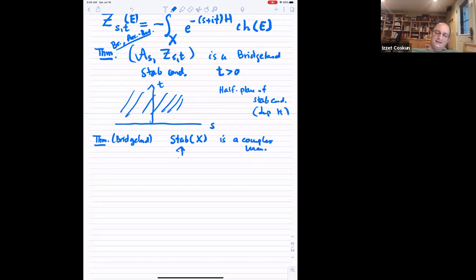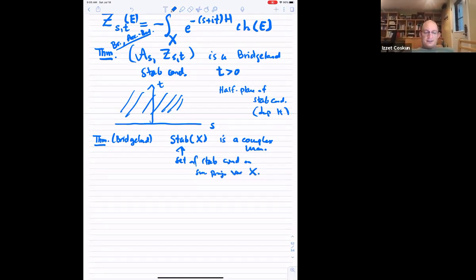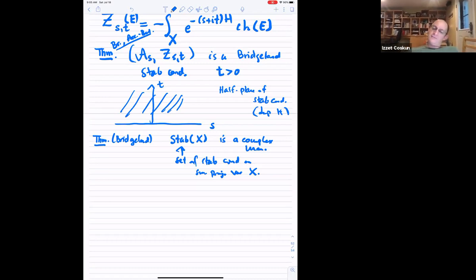Okay, so you see that here you see one slice of this complex manifold constructed in this particular way, this upper half plane.